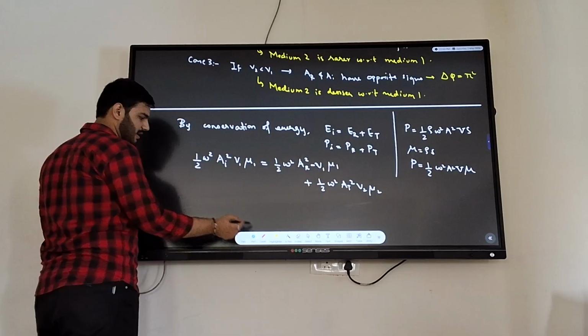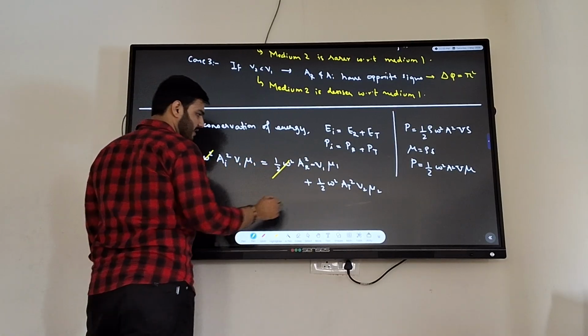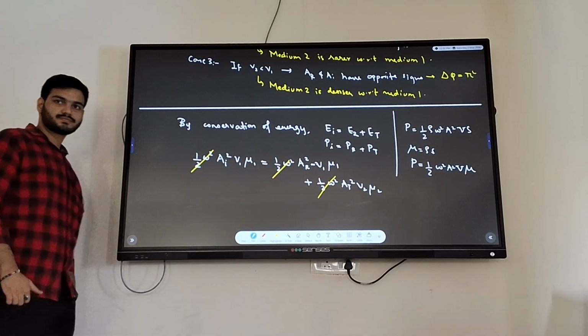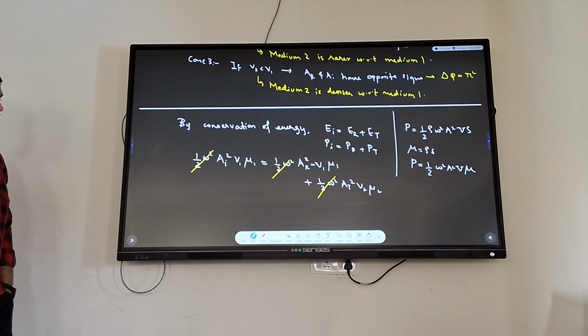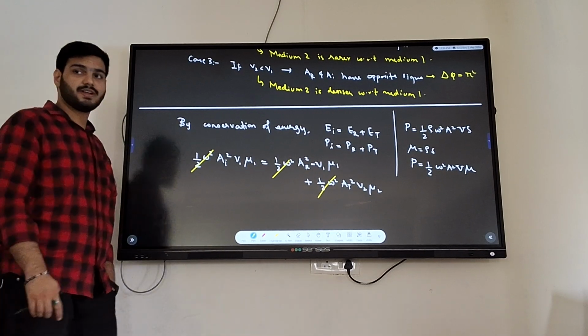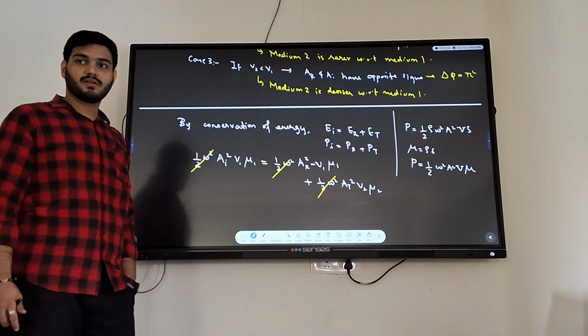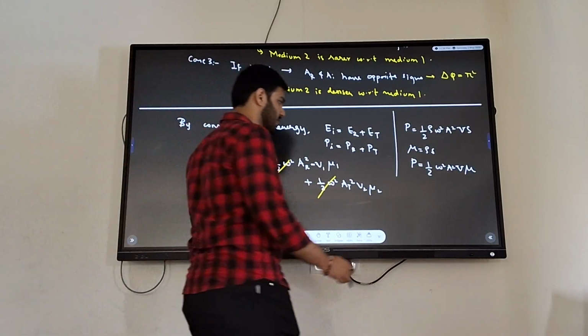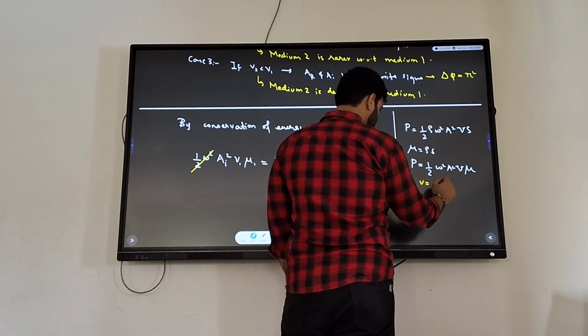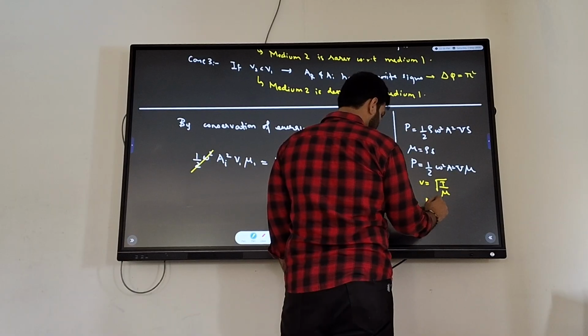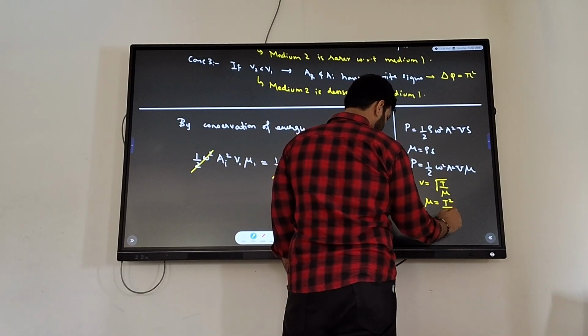अब देखो ये omega square और half कट गया. And what can that mu be written as, by the way? What is the relation between V and mu? V is root of T over mu, so mu is T by V square.